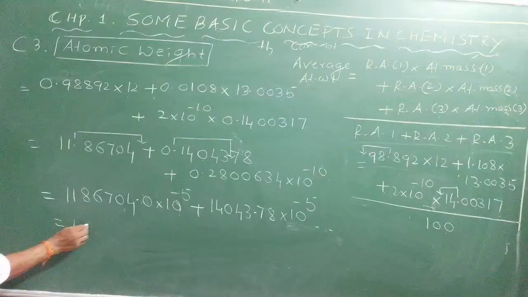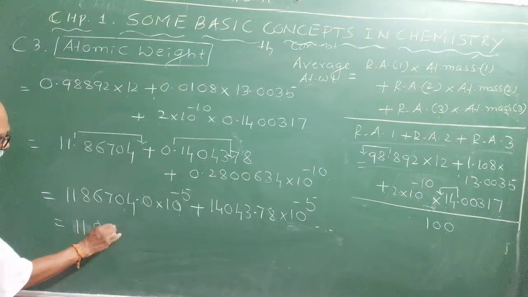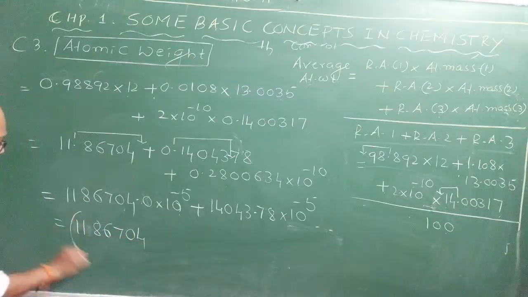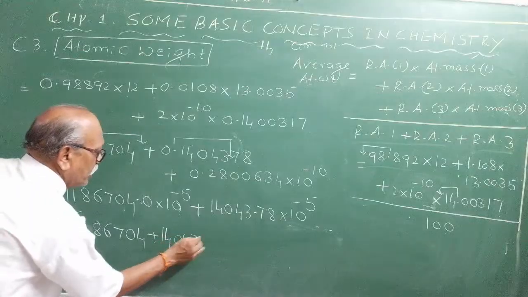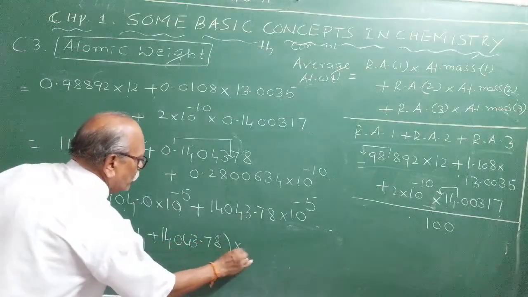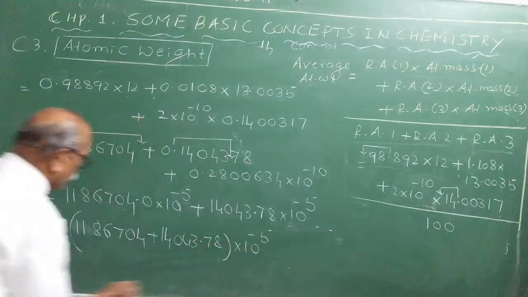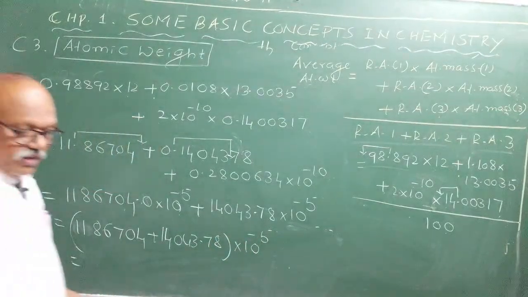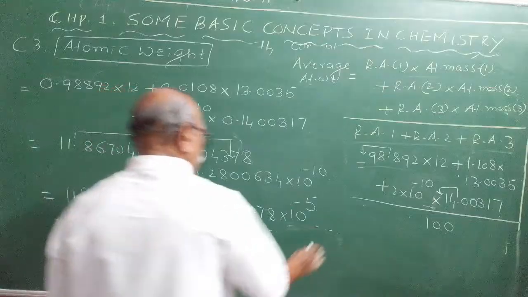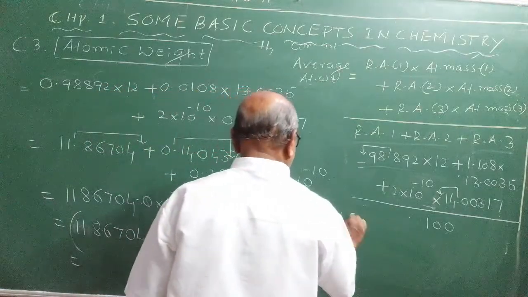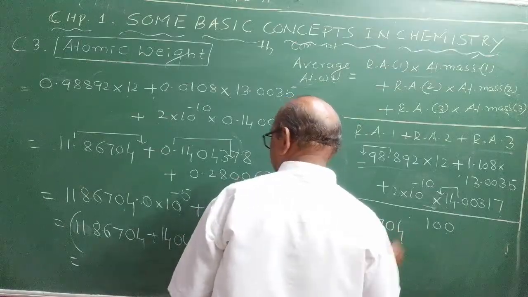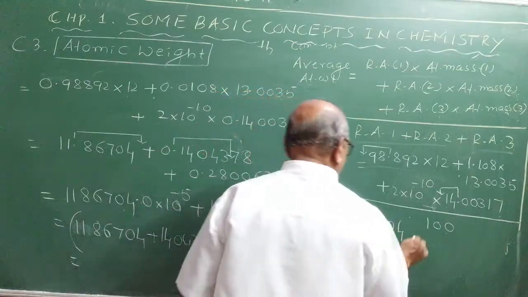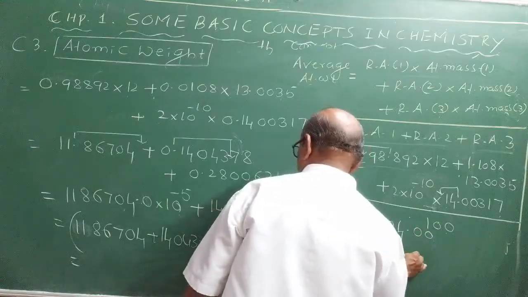If you take 10 raised to minus 5 common in this, 11, 8, 6, 7, 0, 4 plus 144.3.78 into 10 raised to minus 5. I am just showing you how the addition can be done. Now just add these two. You have 1186704, then put the decimal point, 78.